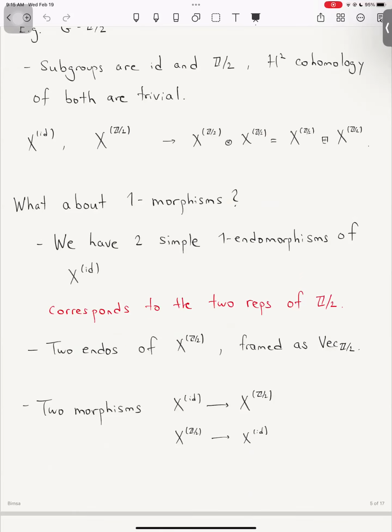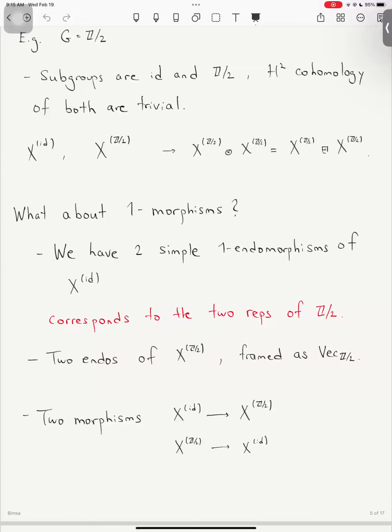But then you also have to account for the one morphisms. And so you want to look at the one morphisms with respect to this object, the one morphisms with respect to this object, and maybe there's some one morphisms that go between the two things. And indeed, you'll find that you have two simple one endomorphisms of the identity object, and they just correspond to the two reps of Z2.